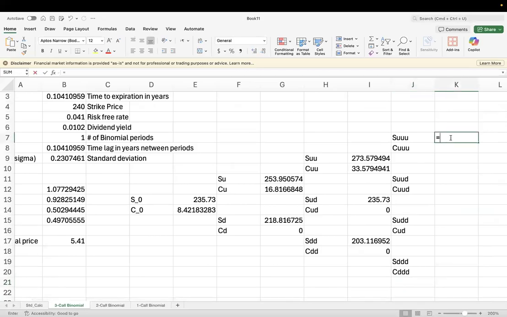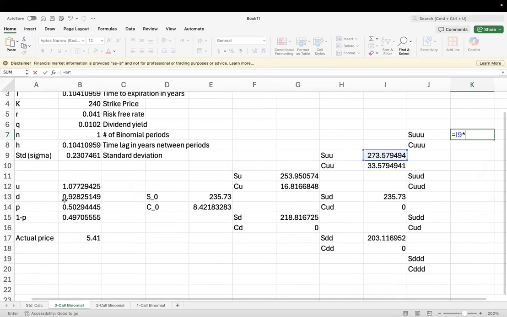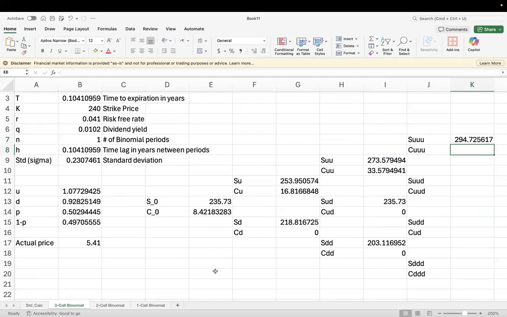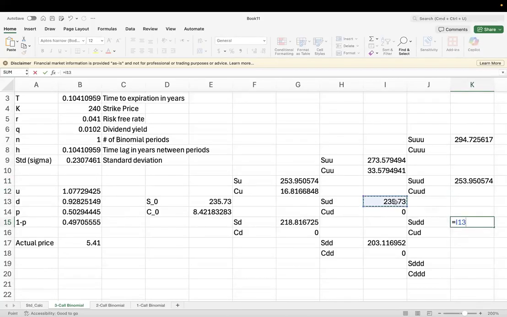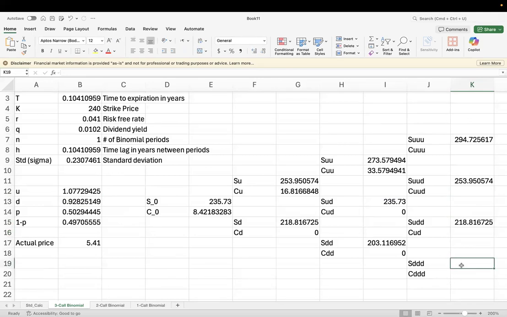So this is equal, this times U. And then this one equals this times U. This one is this times D. And then this one is SDD times D. Perfect.